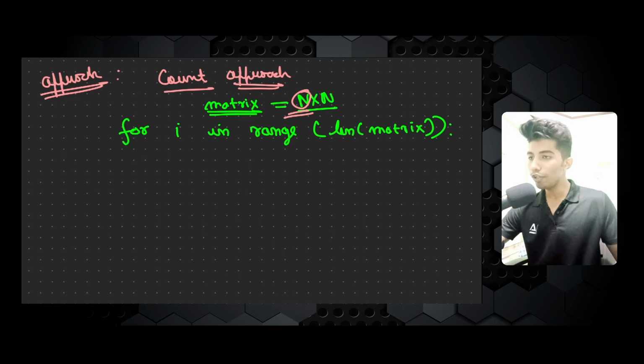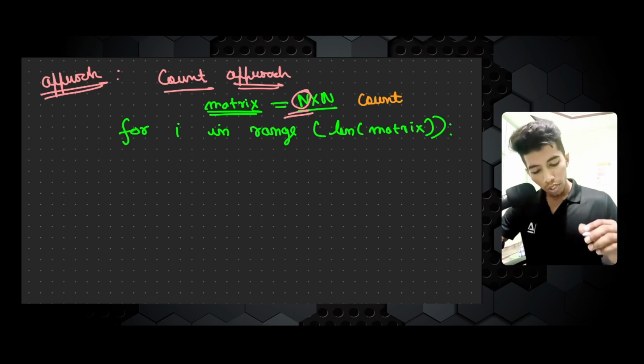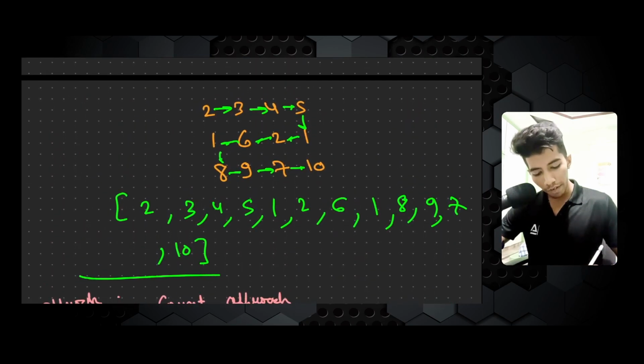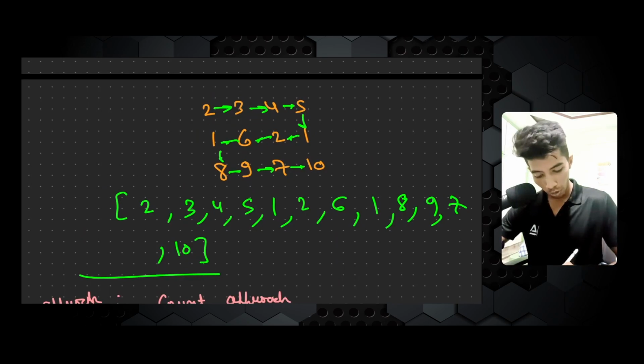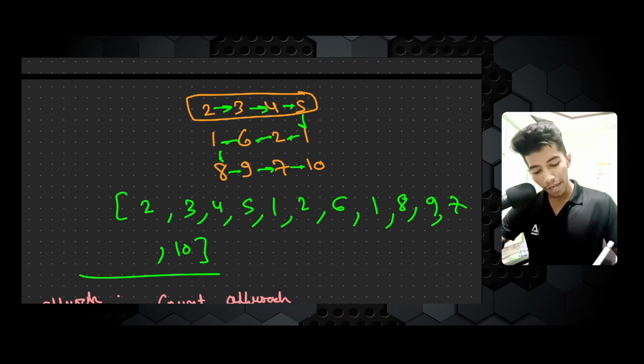Now what I will do next, I will create one count variable here on the outside. Now why am I creating it? The reason for creating it is that when I travel till here, my J will come back again to the initial position.